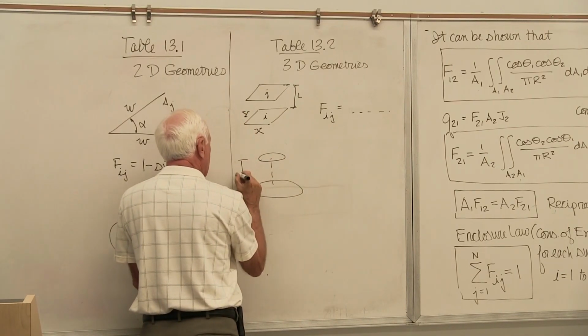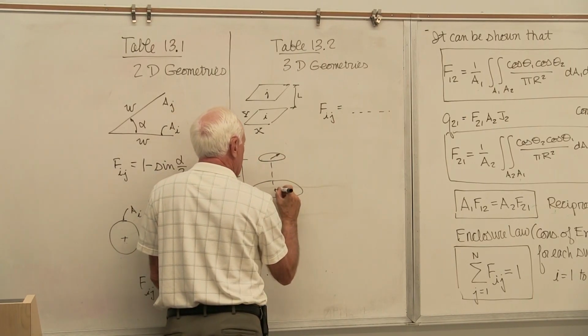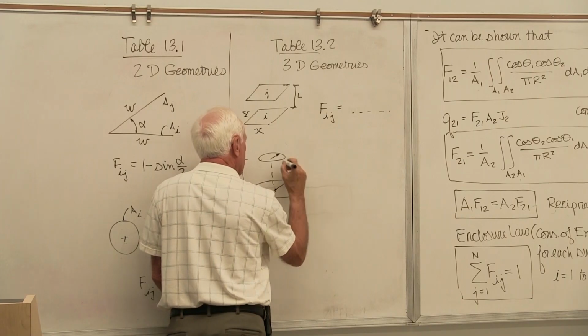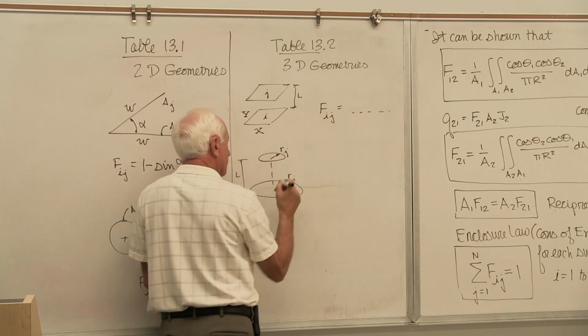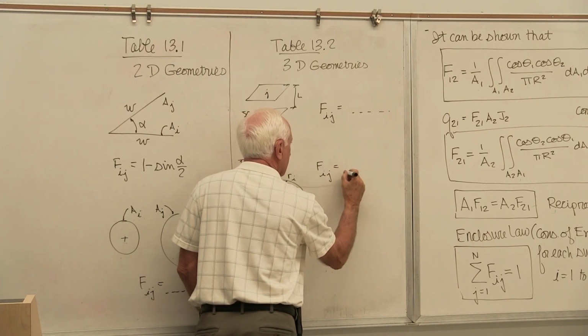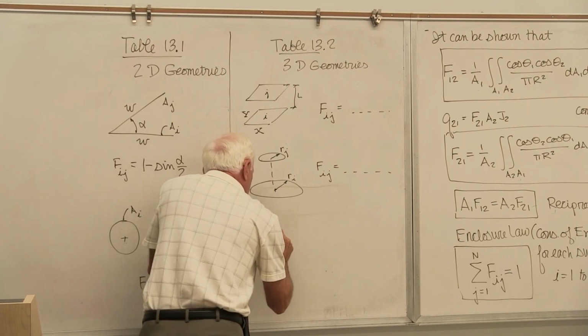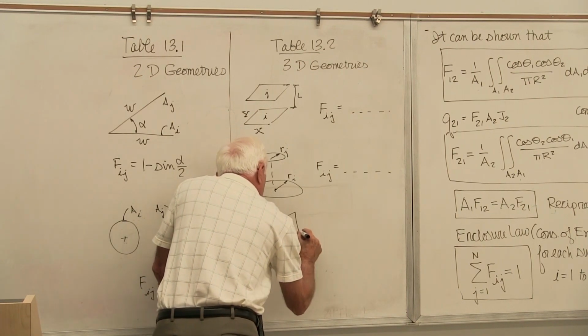The second one is two concentric circular discs separated by L. This one is Ri, this one is Rj, and he gives in the table the equation for Fij. And then he has two rectangles with a common edge.